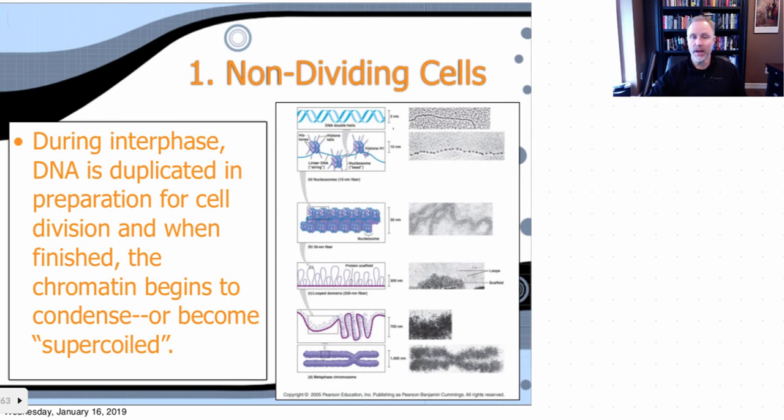So you can see up here, the DNA is very spread out, very diffuse, and then now it's going to start getting wrapped around these different types of proteins. And then once you get down here to the end, this is what you probably have in your mind's eye, a picture of what a chromosome looks like. But now it's in a structure that's very easy to move around the cell, easy to divide and distribute to the new cells.